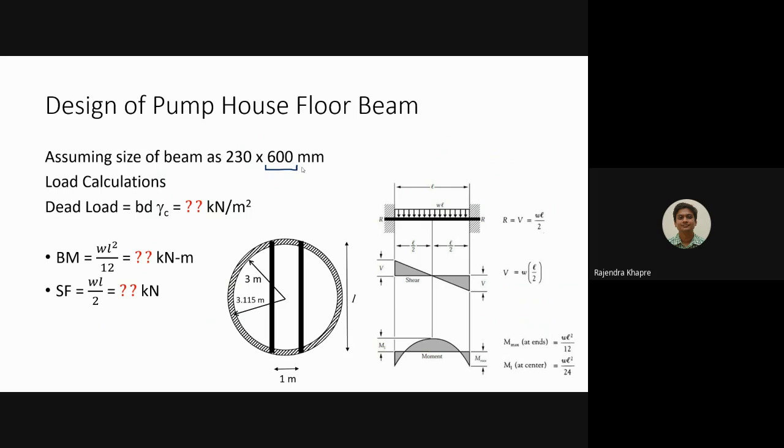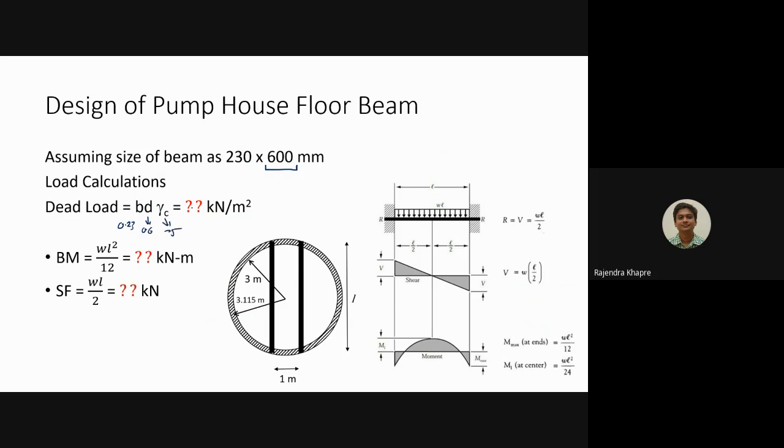The very first load is nothing but your self weight, that is B into D into density of the concrete. So your B value is 0.23. The D value, in place of small d, we can take capital D also, and density is 25.